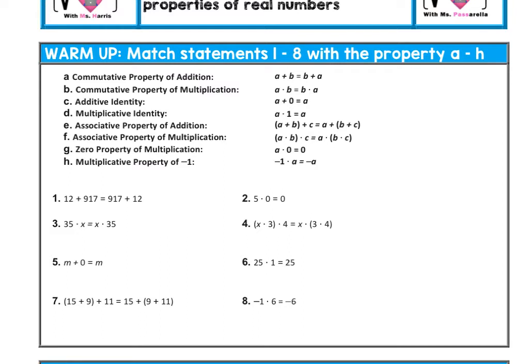Okay, so for number one, because we changed the order and the operation that's happening here in this problem is addition, it's the commutative property of addition. And forgive me, I'm just abbreviating here. For number two, because we multiplied a number by 0 and got 0, it's the zero property of multiplication.